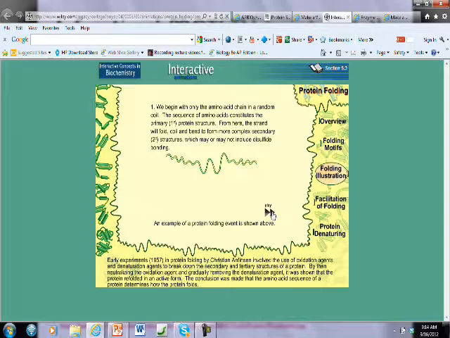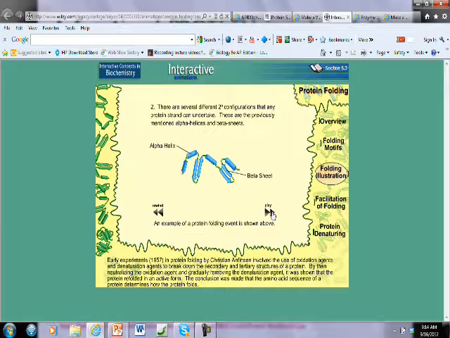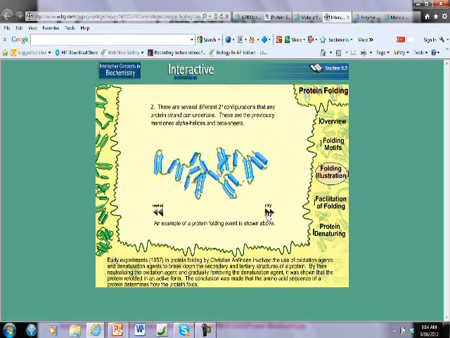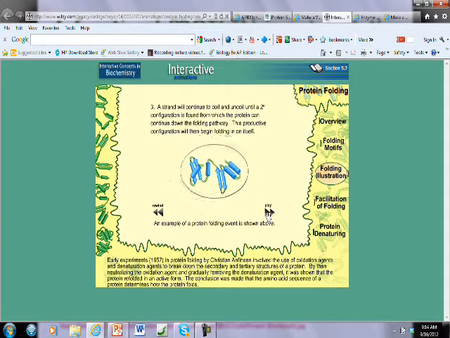So we start with our protein amino acid sequence, and places along that chain are going to fold into helixes, coil, or fold into those sheets where you connect across between parts of the same chain. And then that continues on to make some more complex folding. Okay?